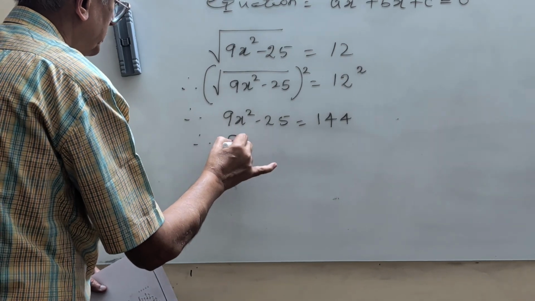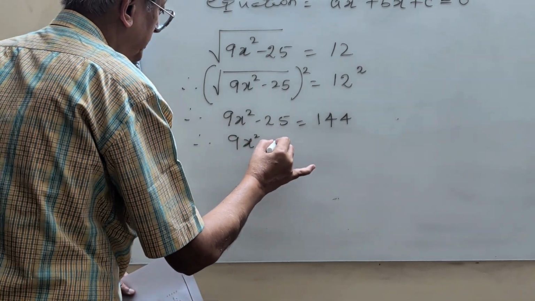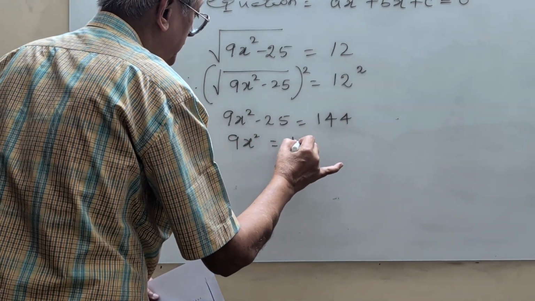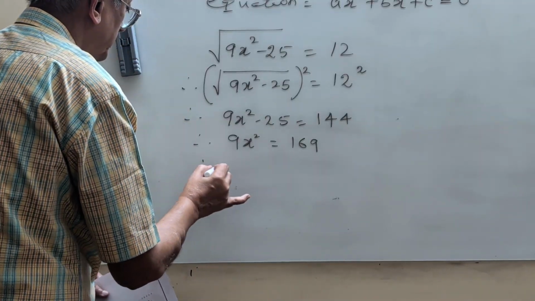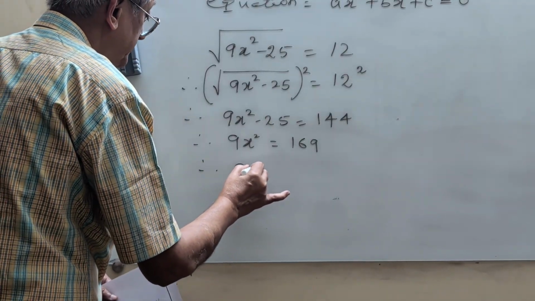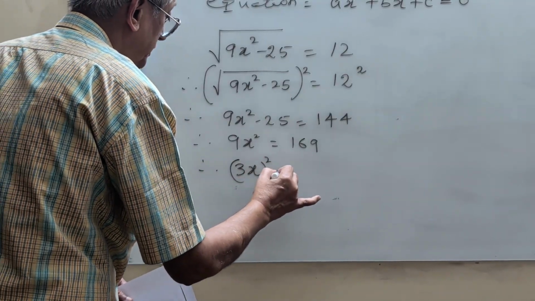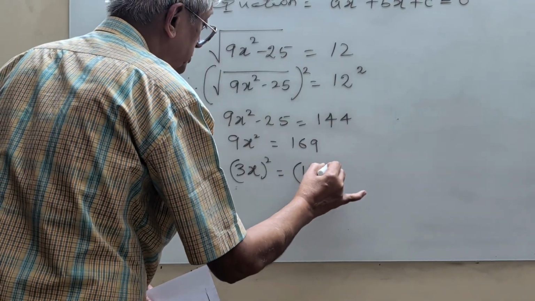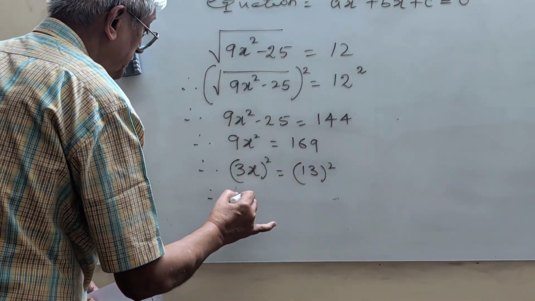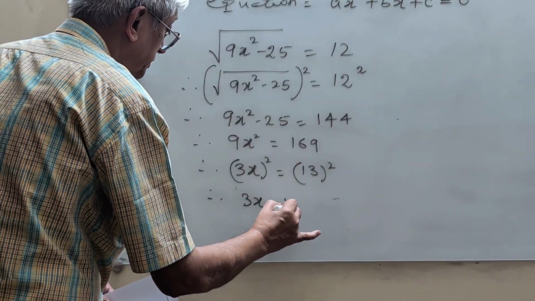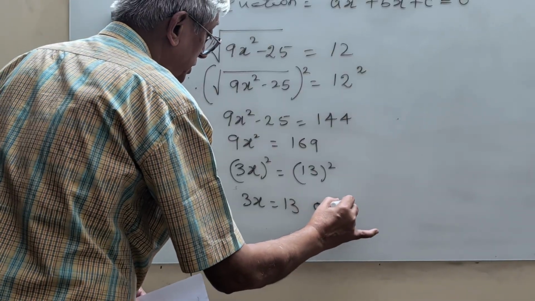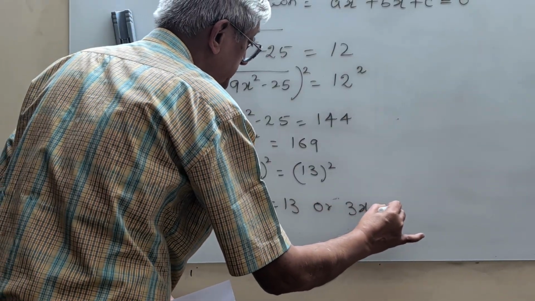Therefore, 9x squared is equal to 169. Therefore, (3x) the whole square is equal to 13 the whole square. Therefore, 3x is equal to 13, or 3x is equal to minus 13.